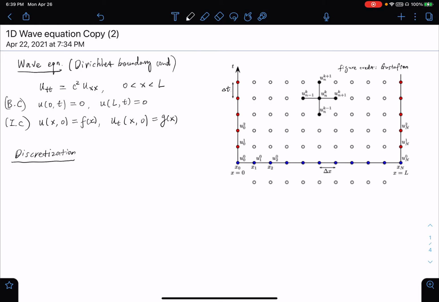So here would correspond to t0 equals 0. In the next time step, it will be t1 equals delta t.